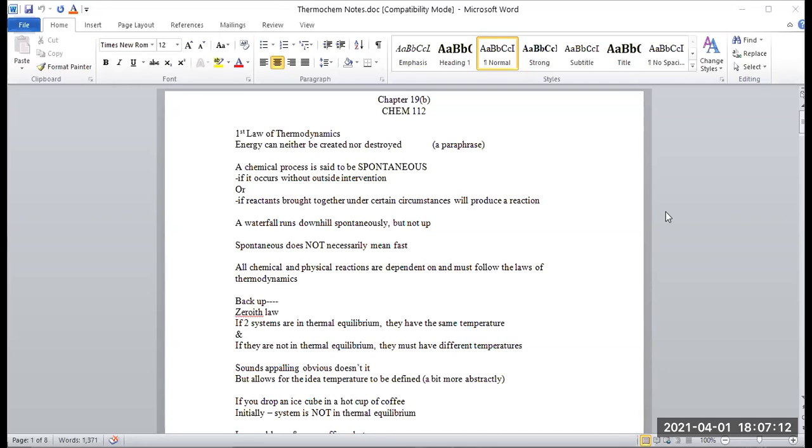We talk about the word spontaneous in chemistry and think about it in terms of what this means in terms of mixing things or having them happen on their own.